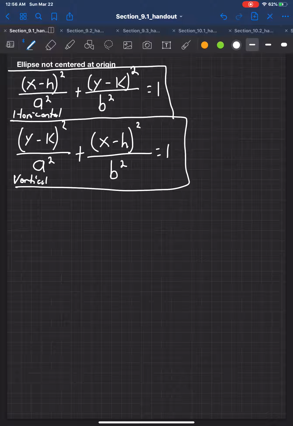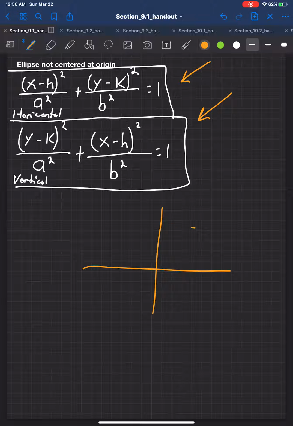Now, in your homework, you're going to get a little bit of exposure to what happens when the ellipse is not centered at the origin, right? Like what if your ellipse was up here? And listen, it's not bad. It really isn't. It's just remember that the center is HK. This is just like when you used to work with your circles of HK when they were not centered.